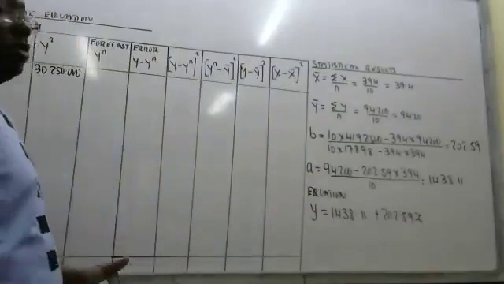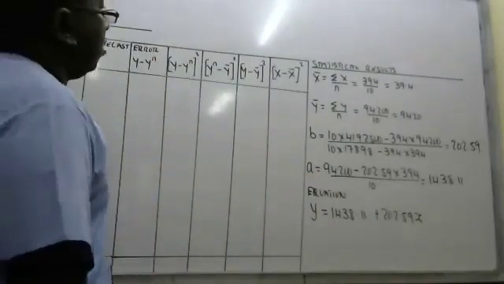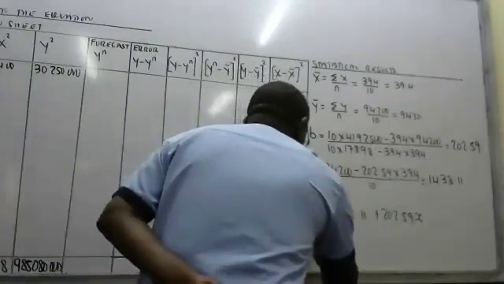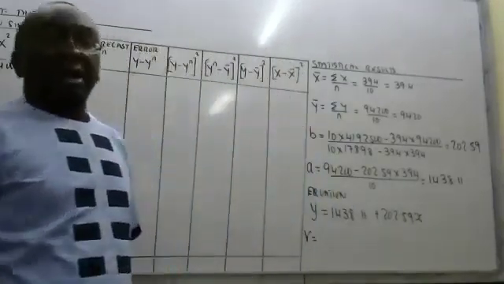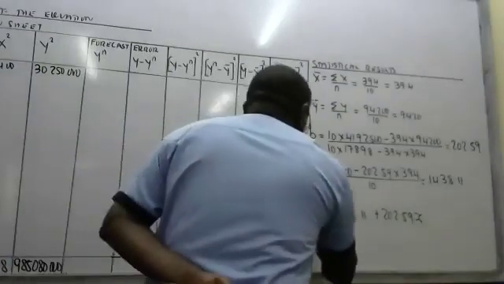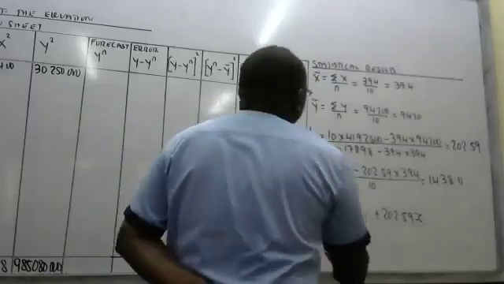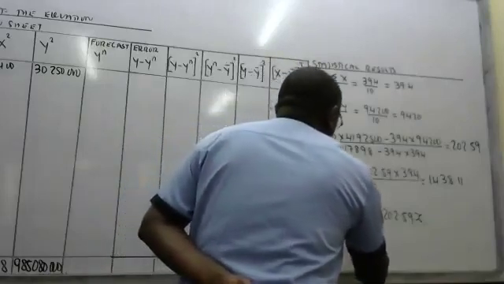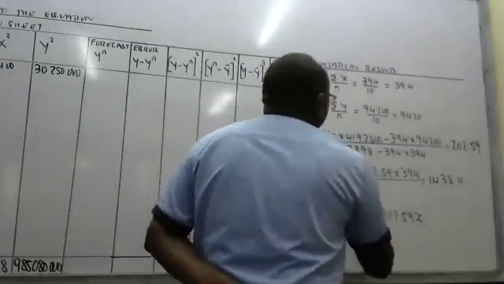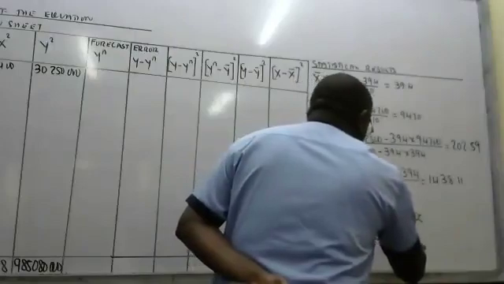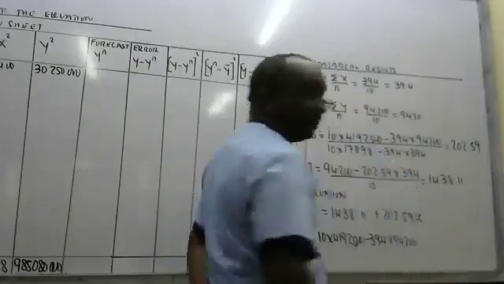Something else that I also want us to compute there, which we will use later, is R. Now R is given as N, that is 10, times 4192500 minus 394 times 94,200.